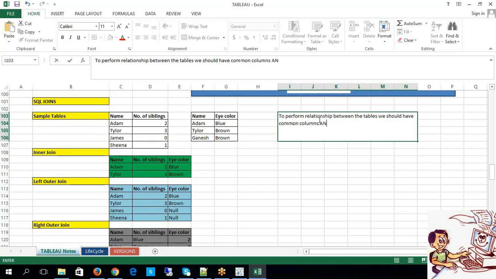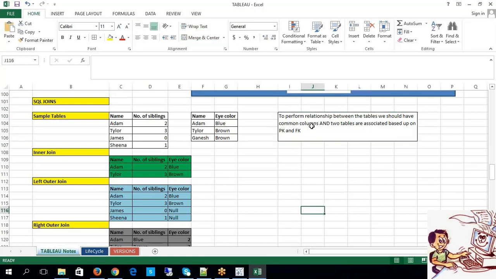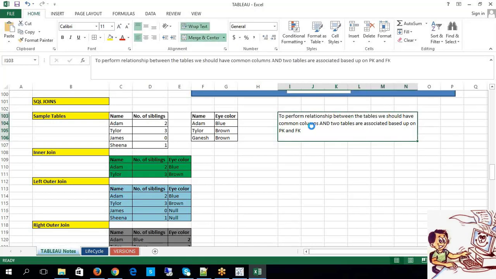And I can put it in one more way: two tables are associated based upon PK and FK. PK stands for primary key and FK stands for foreign key. To perform the relationship between the two tables, you have primary key and foreign key.